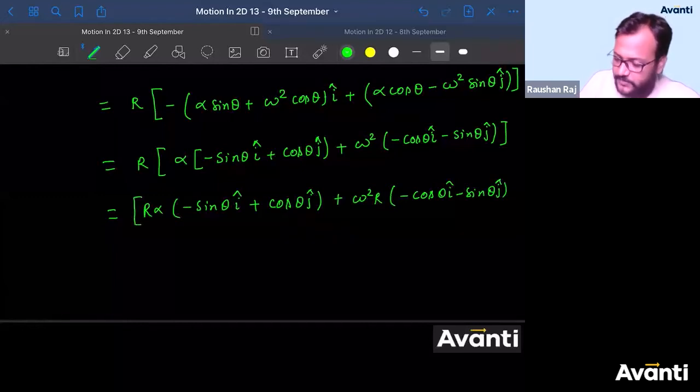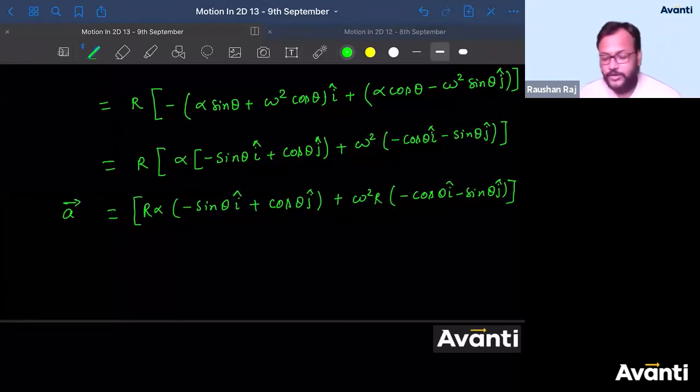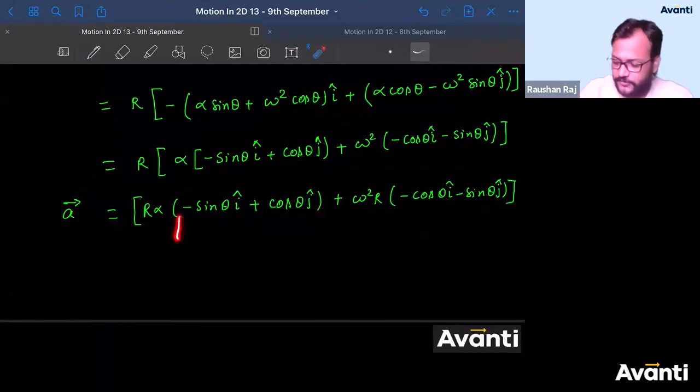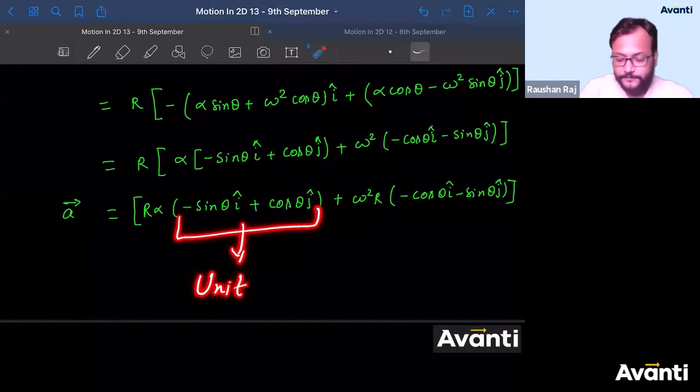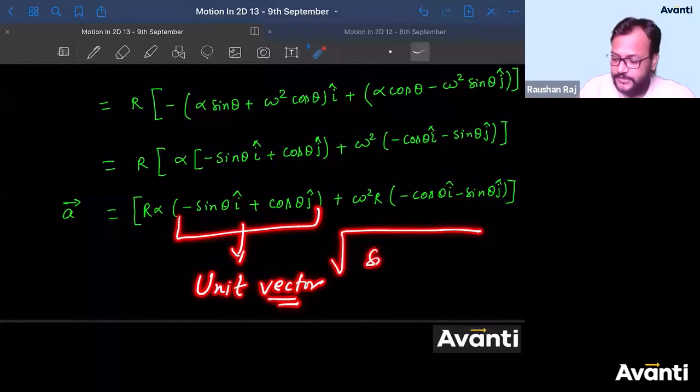Guys, do you remember the unit vectors that we derived yesterday? What is this first of all? This is nothing but a unit vector, because the magnitude of this vector will be square root of sine square theta plus cos square theta, that is 1. So this is nothing but a unit vector.